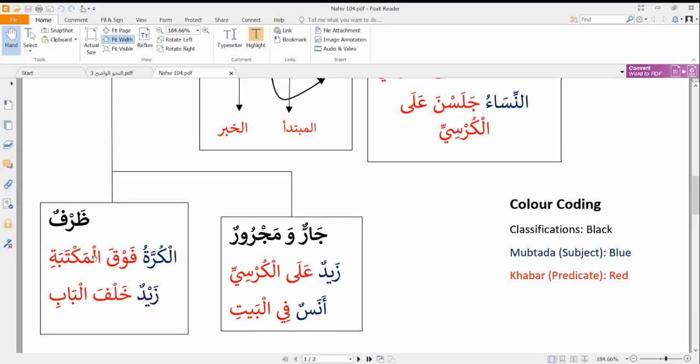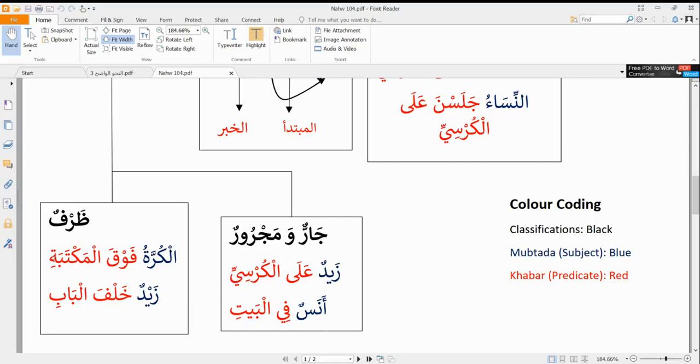So we have al-kurratu fawqa al-maktabati, the ball is above the desk. Also the library, the ball is above the library.